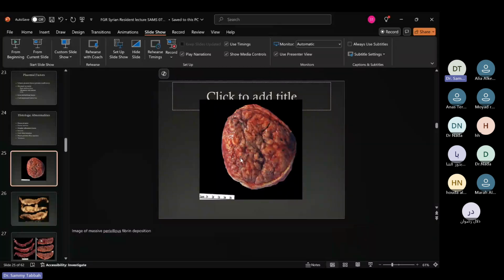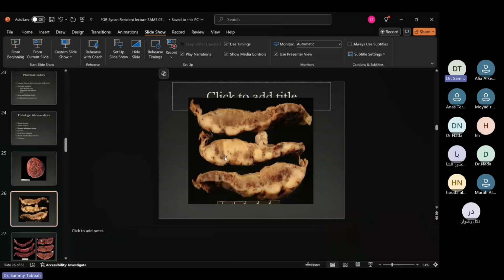And if you section the same placenta, you can see all of this fibrin deposition within the placenta. Usually patients that have this present with recurrent pregnancies that have severe fetal growth restriction and have unpredicted losses or deaths of the fetus in the late second to early third trimesters.